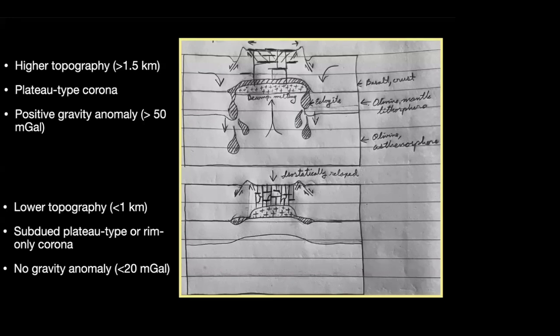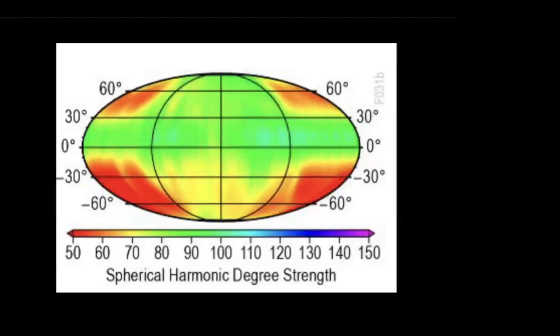But that's difficult because of the resolution of gravity anomaly for Venus. It's highly variable across the surface. And you have pretty good resolution, up to maybe 90-something degrees in the interior, around the equator, but in the southern hemisphere and the northern hemisphere, especially the southern hemisphere, it can get all the way down to like 50.